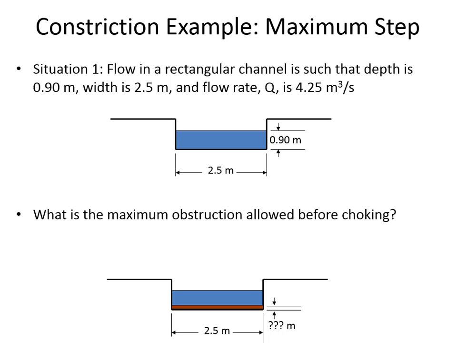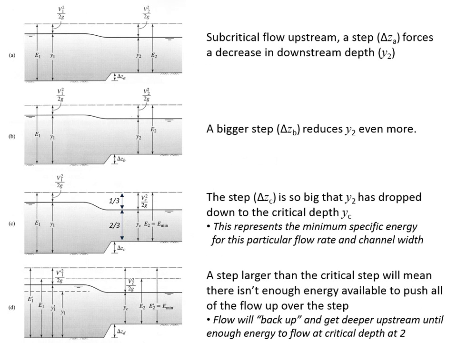When the flow is just starting to get choked, what do we know about the depth of flow over the obstruction when choking just barely starts to occur? It's the critical depth. So what I'm asking you to remember is that when we've just barely got that maximum height, its critical depth is over the obstruction.